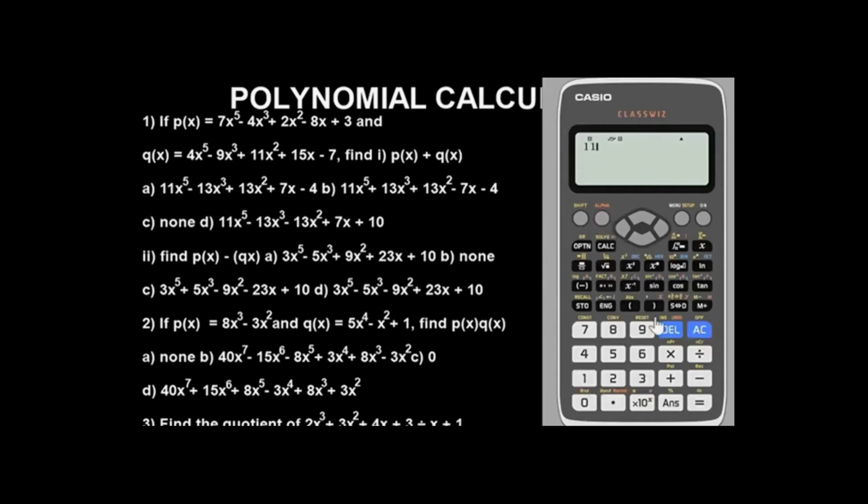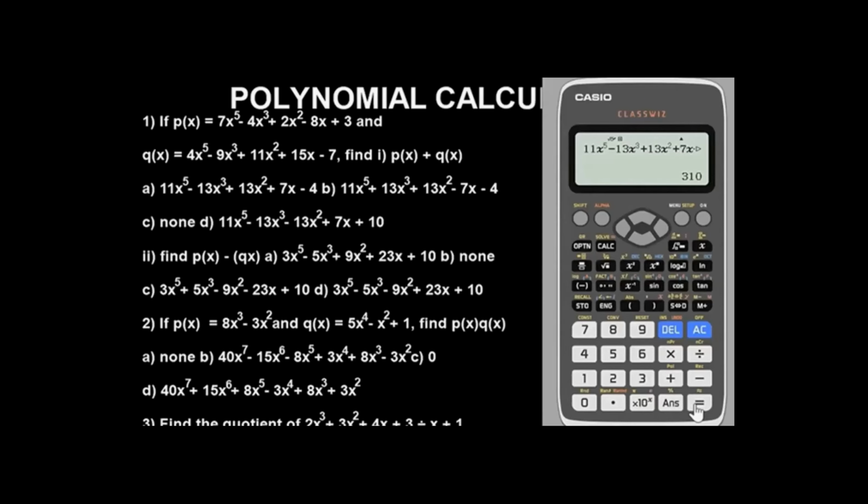You have 11x raised to the power 5, minus 13x cubed, plus 13x squared, plus 7x minus 4. So it's correct. Let's press equal to, 310. So guys, our answer is option A. But let's check option B and see if we have something closer or similar.